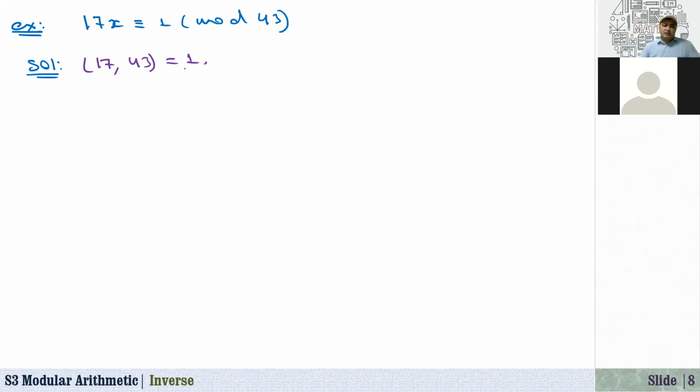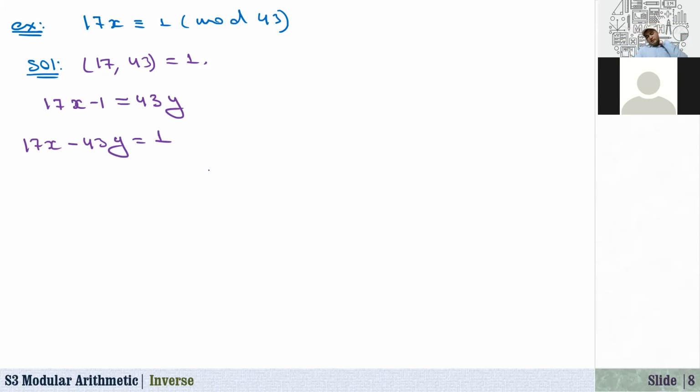So how can I change this into an equation again? That means that 17x minus 1 is divisible by 43, that is, equal to 43y. If you take 43y to the left hand side and 1 to the right hand side, 17x minus 43y is equal to 1.